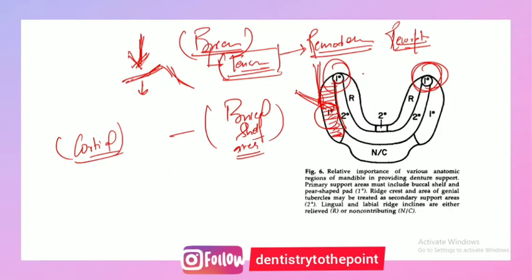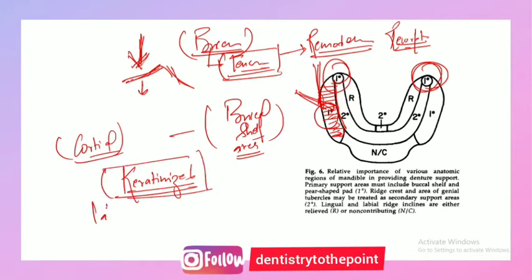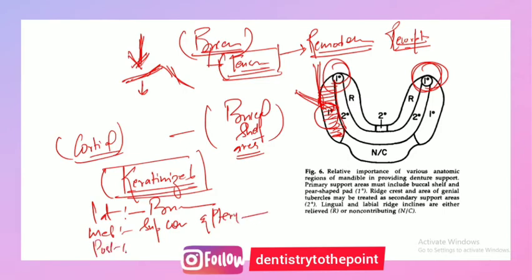The pear shaped pad is an area of keratinized mucosa lying just behind the third molar, and it is bounded laterally by the buccinator, medially by the superior constrictor and the pterygomandibular raphe, and posteriorly by the tendon of temporalis.